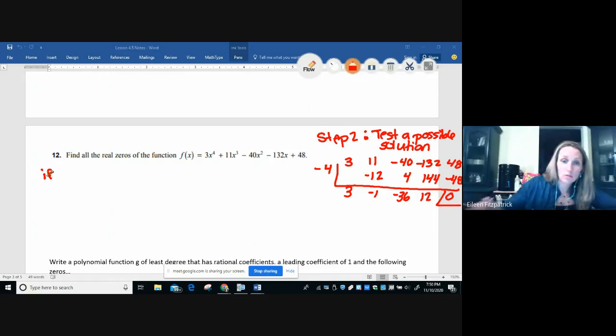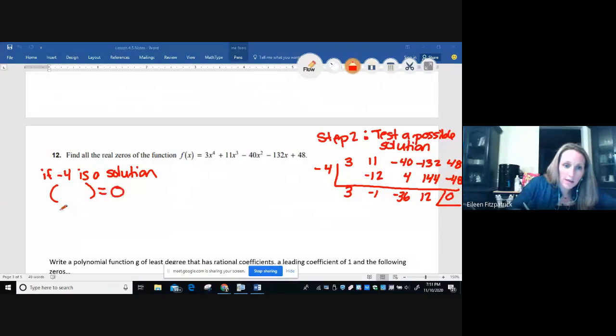If negative 4 is a solution, then what is the binomial factor that was set equal to 0 that when I solved, I got negative 4 as the answer? X plus 4, right? If I set x plus 4 equal to 0, doesn't that give me x is equal to negative 4, which is my solution?